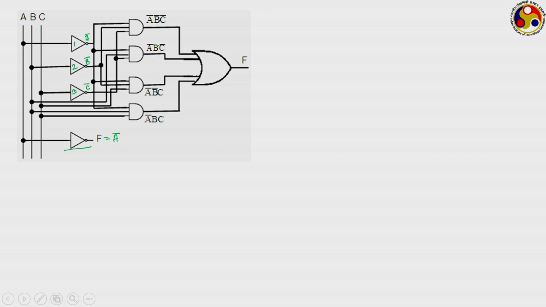So, now we have 4 AND operations, 1, 2, 3 and 4, and finally the outputs of all these 4 are going to a single OR operation. Then what are the inputs to this first one? You can see the first one has 3 inputs. The first input is coming as A bar. What is the second input?